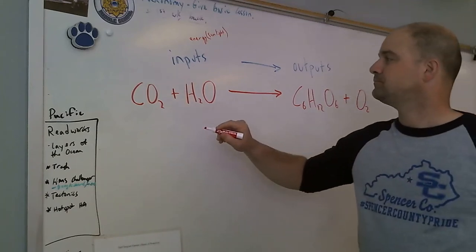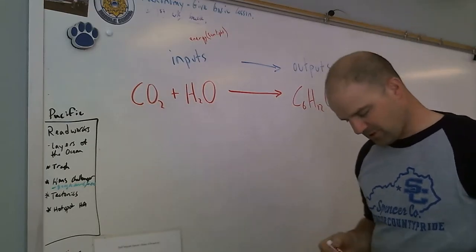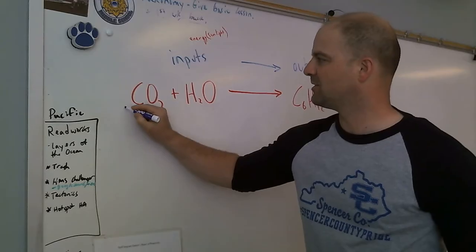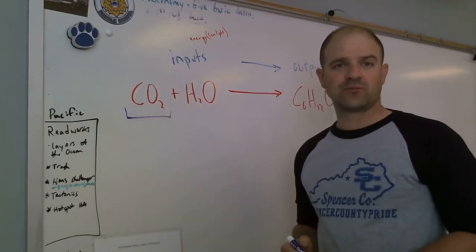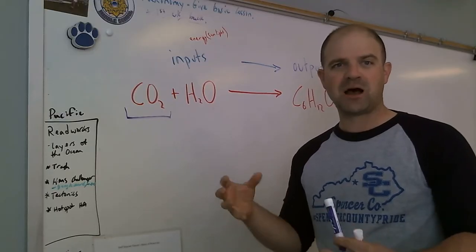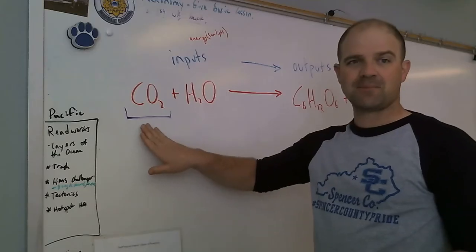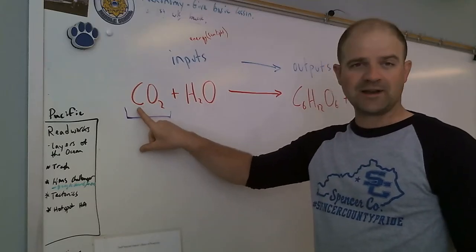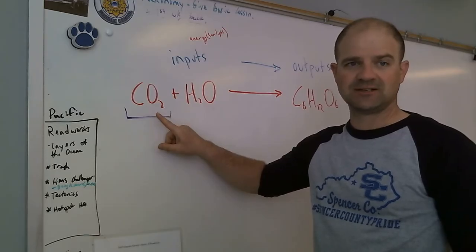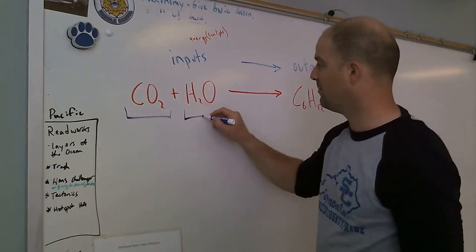So, this is a molecule. I'm going to use different colors here too. CO2 is a molecule. And if you remember from earlier this year, a molecule is just a bonding group of atoms, okay? So within that molecule of CO2, we have one atom of carbon and two atoms of oxygen bonded together. Here we have another molecule.